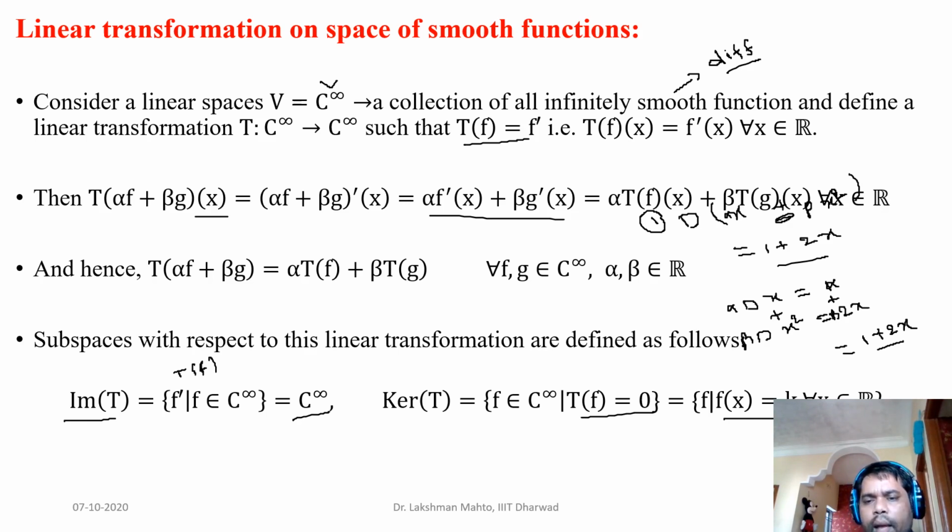Your kernel is one dimensional, but your image is infinite dimensional. We are unable to find a finite dimension for the image of this derivative operator, but the kernel has dimension 1. So it doesn't satisfy Sylvester's law. We will not talk about Sylvester's law when the vector space or linear space is infinite dimensional.